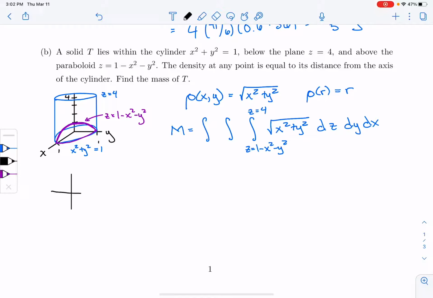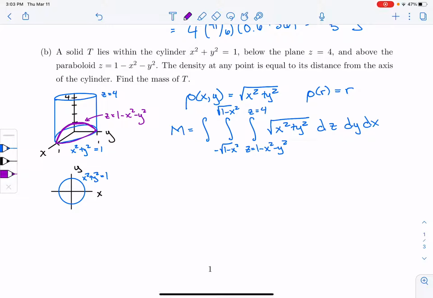So if we described a circular region of radius 1, you'd have this region here. This is going to be x squared plus y squared equals 1. One way that you can do that is you can integrate from minus square root of 1 minus x squared to square root of 1 minus x squared.